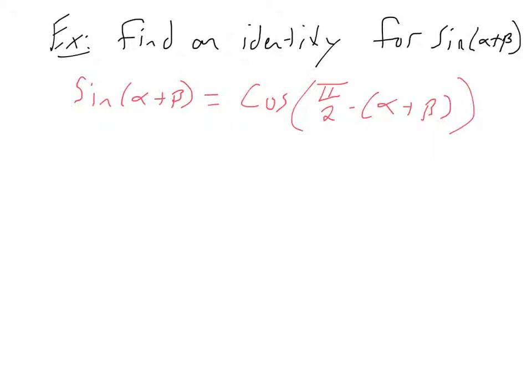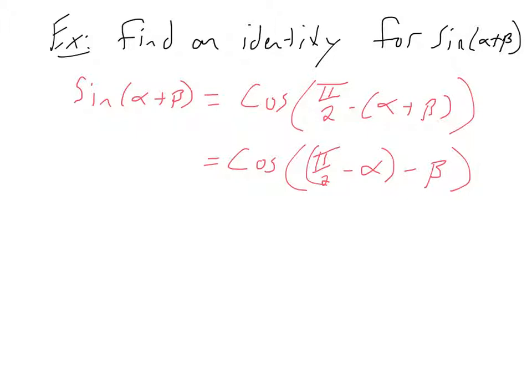Before we actually apply that identity, we're going to rearrange this into cosine of pi over 2 minus alpha, minus beta here. Instead of doing it the other way around.